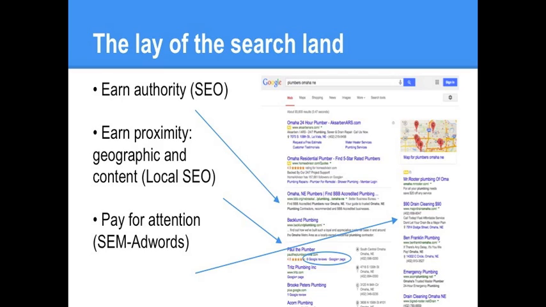You might be surprised. After that, it's what we call earned authority or search engine optimization. And that's basically the website. In this example, you'll see the Better Business Bureau, bbb.org, Backlund Plumbing. And then underneath that is what we call the local pack. This is earned proximity. A lot of this is geographically based.